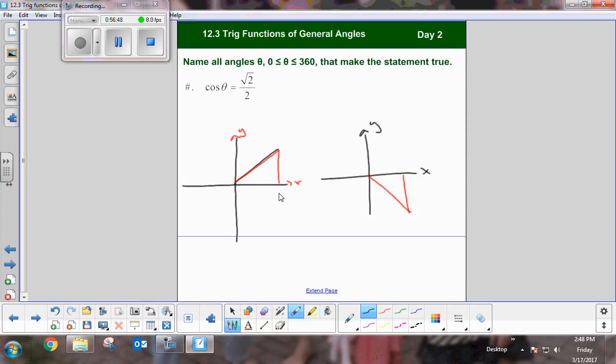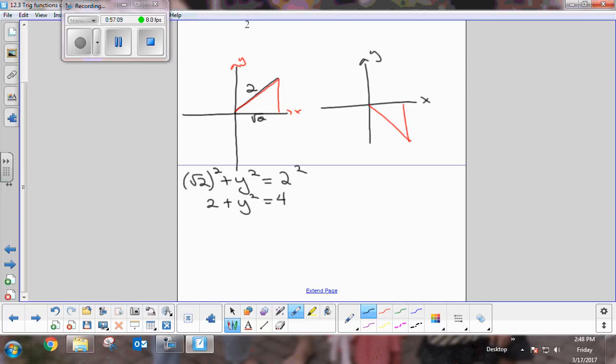Okay, so what do we have? Cosine is adjacent over hypotenuse, right? What is this side going to be? The square root of 2 squared plus y squared equals 2 squared, or 2 plus y squared equals 4, y squared equals 2. Y is the square root of 2.